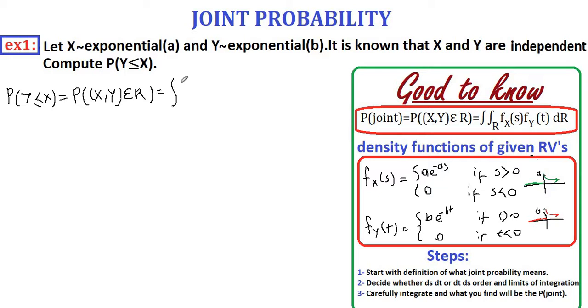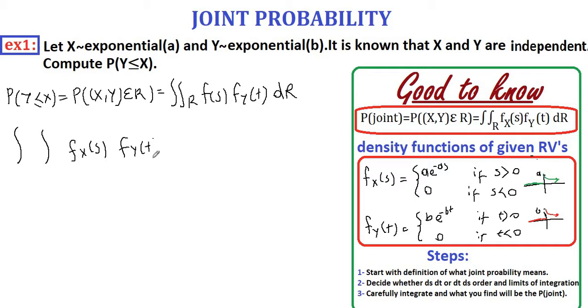That is the double integral of the region, fx of s, fy of t, dr. Now we will decide whether ds dt or dt ds order and simultaneously the limits of integration. Let's set up our double integral. Write fx of s, fy of t, and we will decide now.